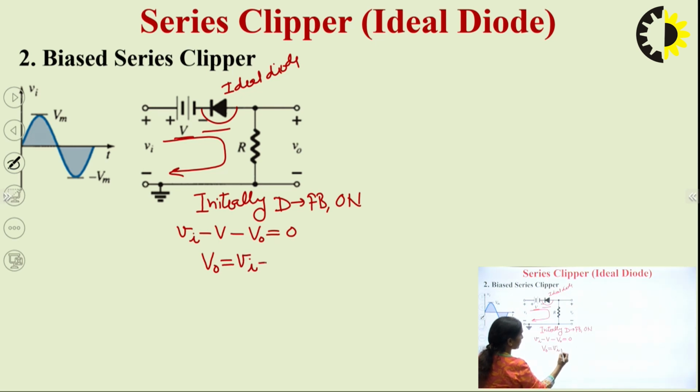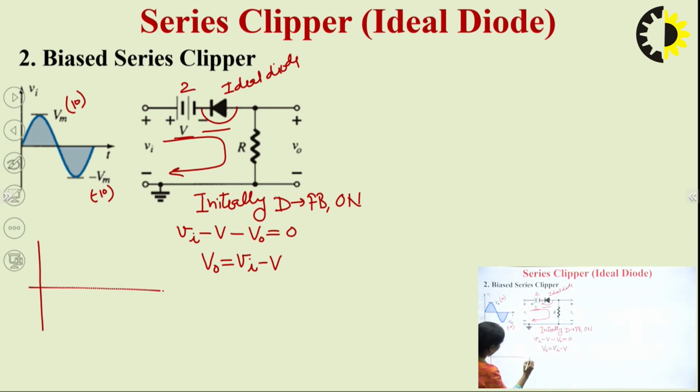Vi minus V volt. For making this problem more simple, let us take some numerical value. Here I am taking this Vm as 10 and this is minus 10 volts, and let us take this value as 2 volt. So, initially if I start at t is equal to 0, your output will be equal to Vi minus V volt.